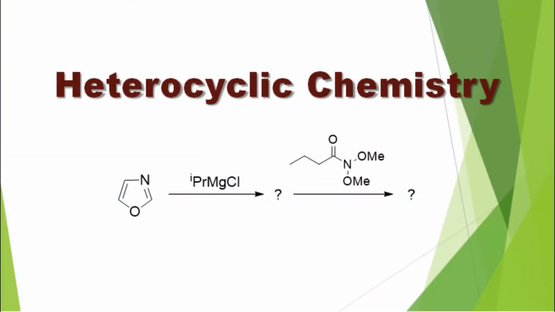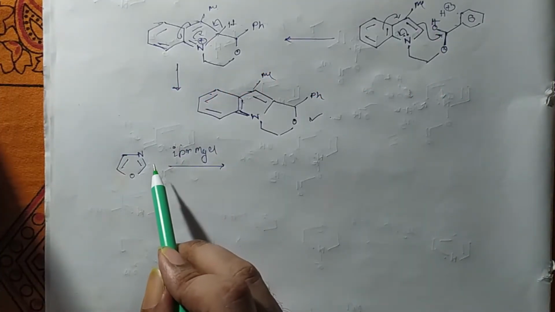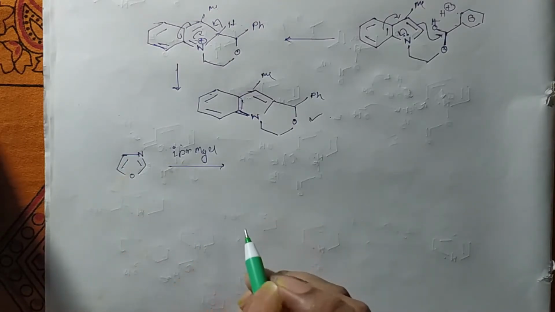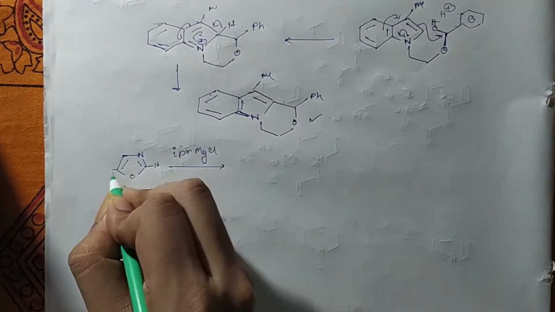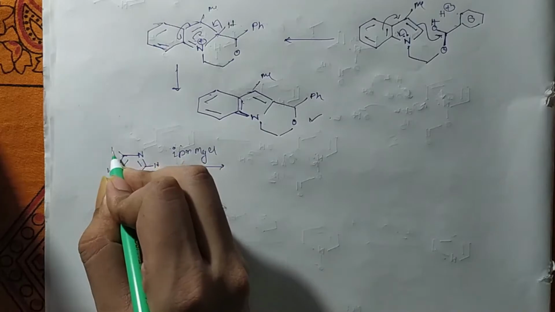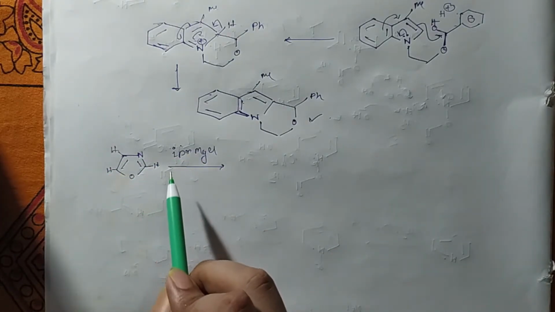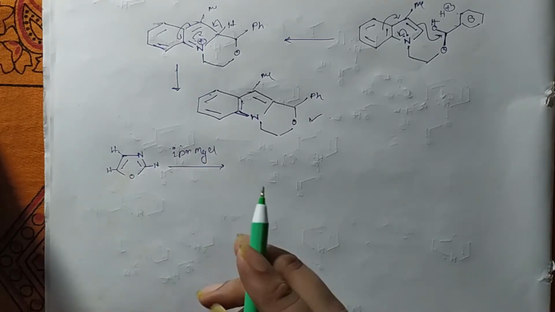So now this type of heterocyclic ring is treated with isopropyl Grignard reagent. The negative charge of this isopropyl carbon just wants to abstract a proton from this heterocyclic ring. So which proton is more acidic? Here there are three types of protons, and you have to remember that the negative charge after abstraction of the proton will be stabilized by the electronegativity of the heteroatom of this ring.